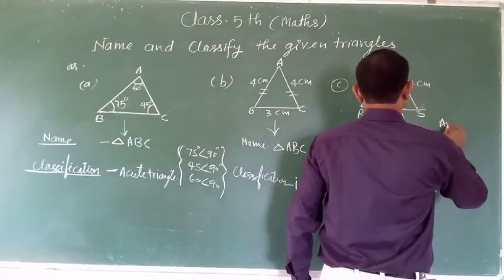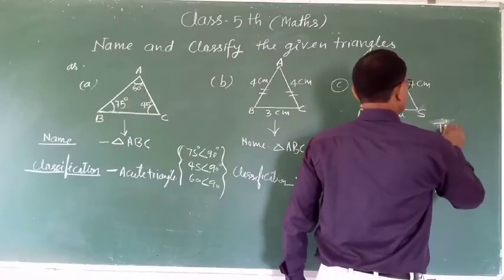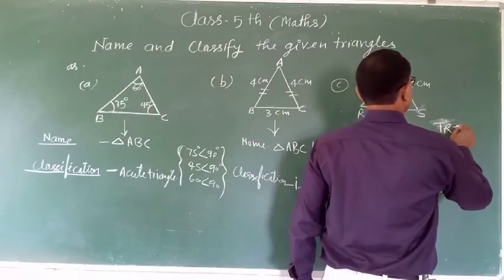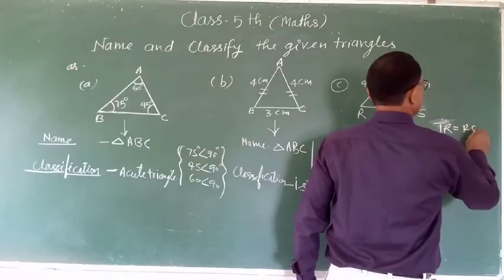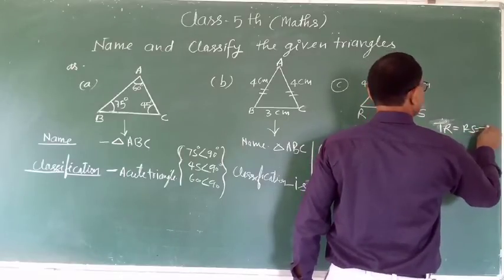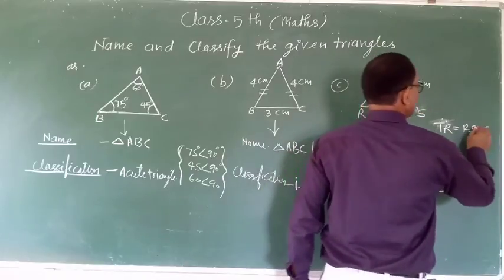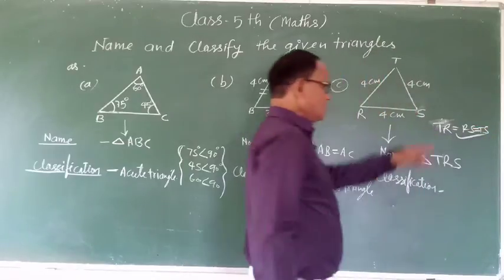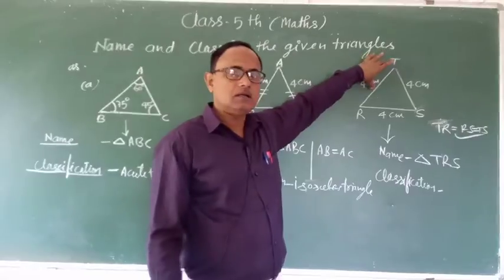Here TR is equal to RS is equal to TS. Here all sides are equal.